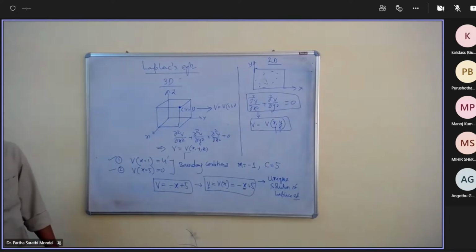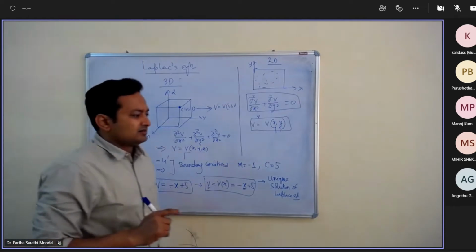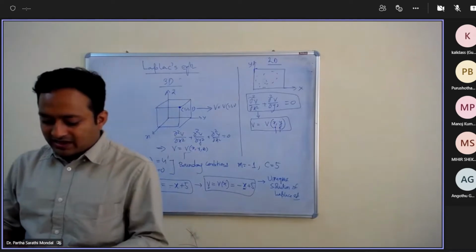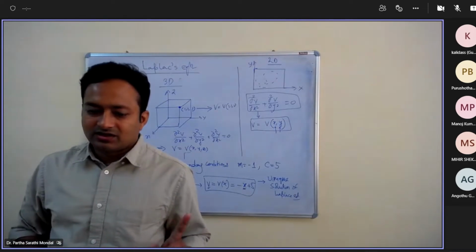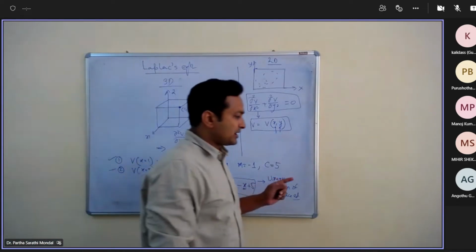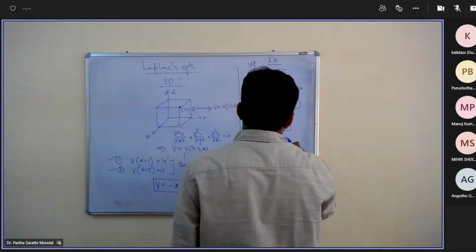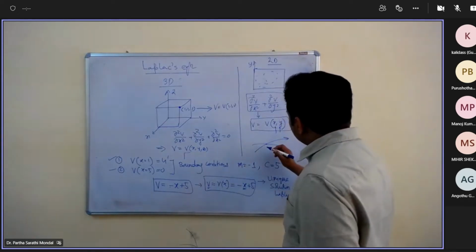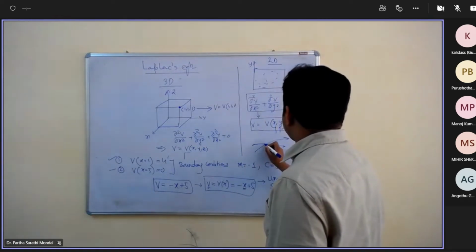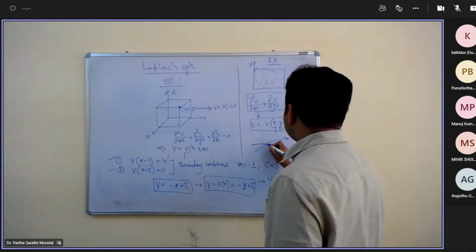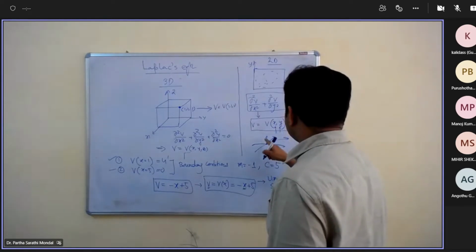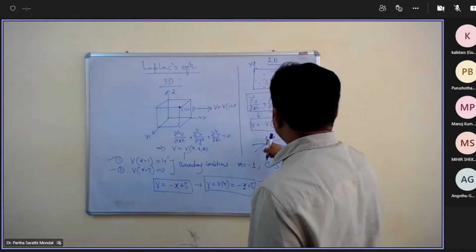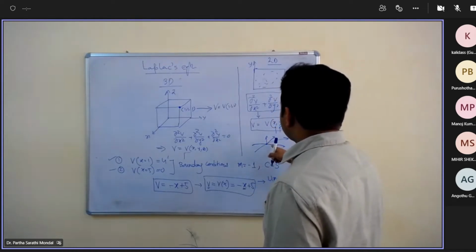You need a unique solution, because if it is not unique, there will be a problem. The problem is what you studied: two electric field lines cannot cross. If two electric field lines cross here, then if I put a tangent, perpendicular to the tangent you will get two directions here, which is not possible.